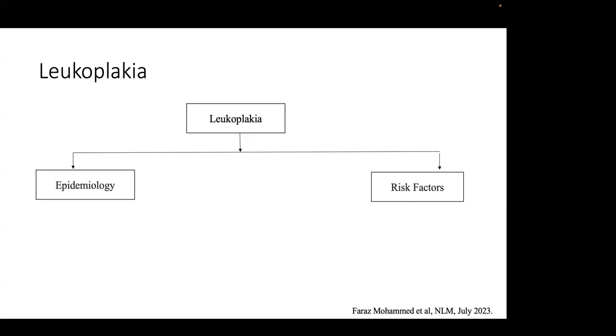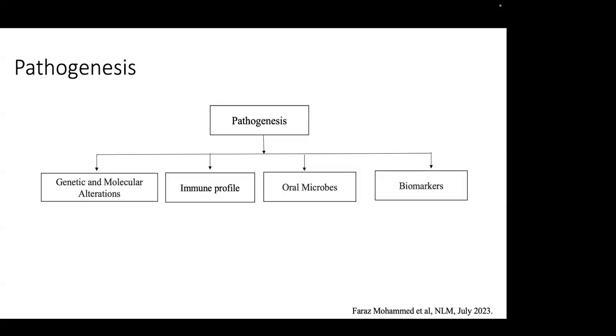Einass, continue. Yes, ma'am. The pathogenesis. So oral leukoplakia is considered to be an intermediate stage in carcinogenesis, which could be because of various somatic genetic mutations affecting keratinocyte growth, cell cycle control, and survival.